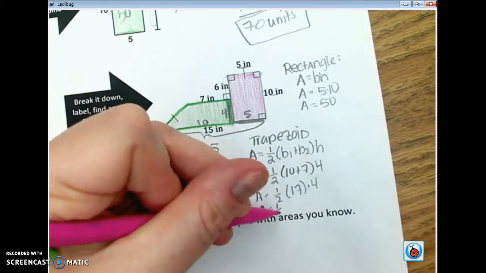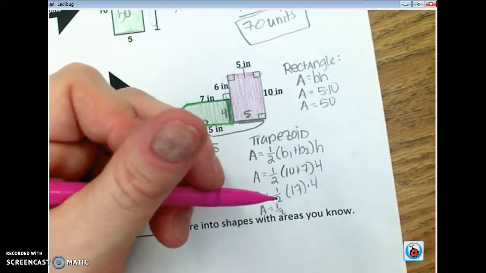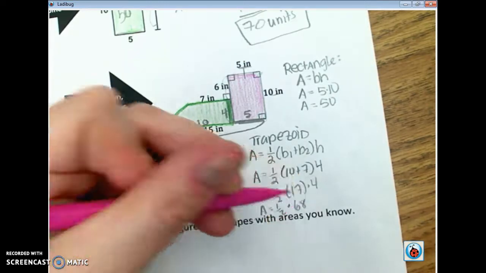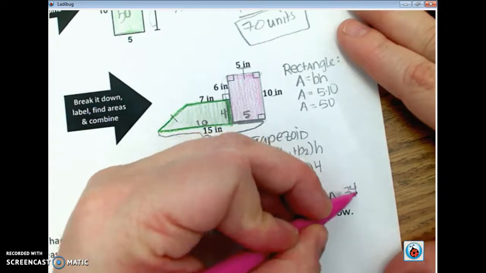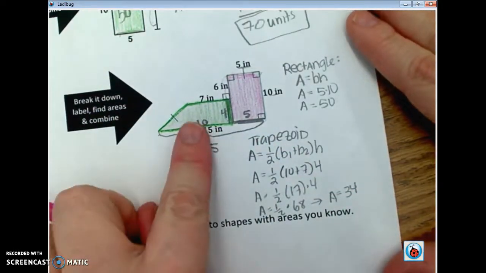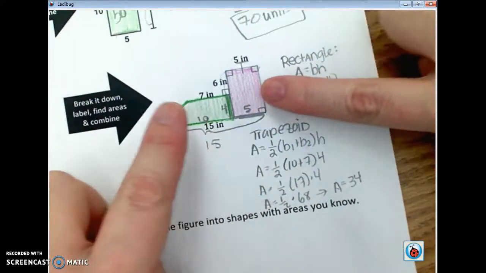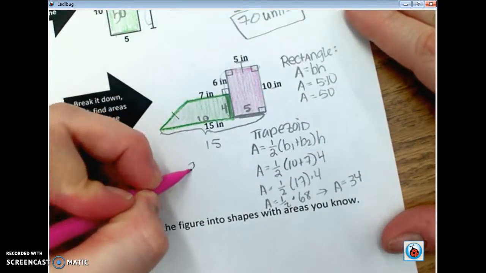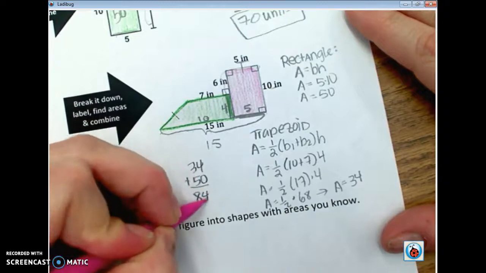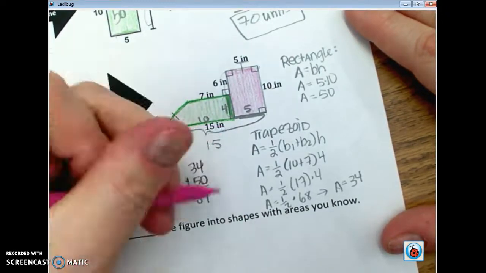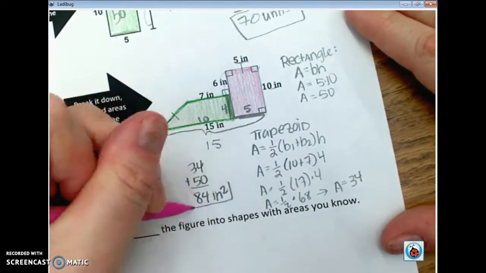I went ahead and did 17 times 4, which is 68. Area equals 34. Again, this is a trapezoid and a rectangle being combined. So I'm going to go ahead and add the two areas together, and I have 84. My units are inches, so inches squared.